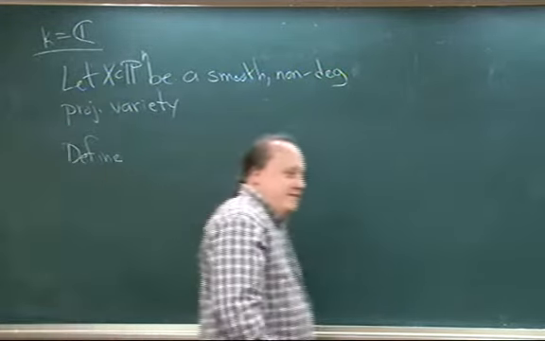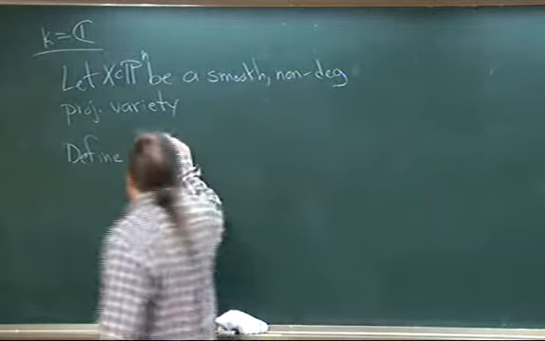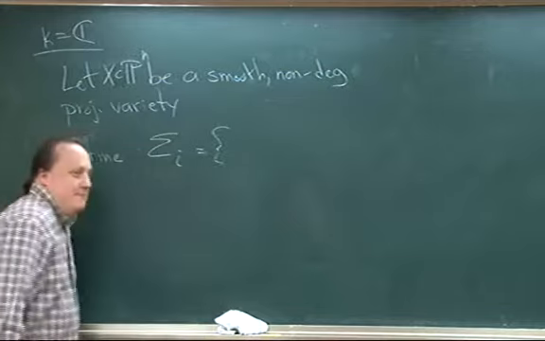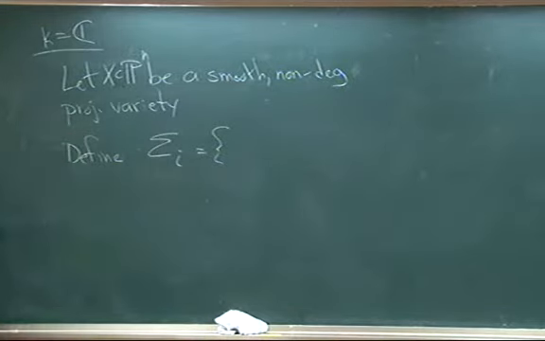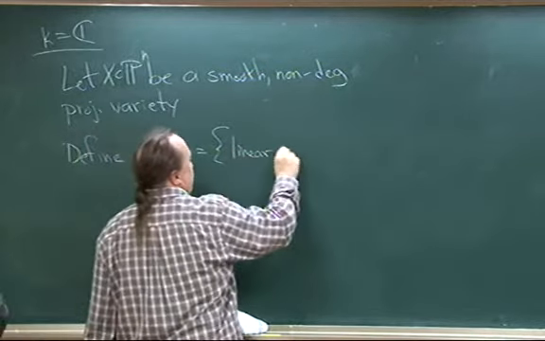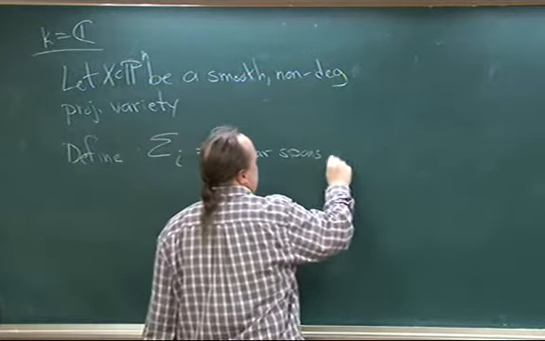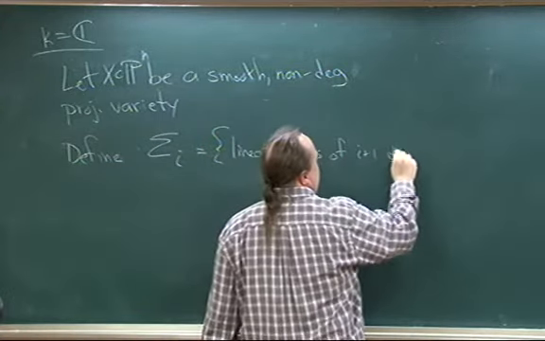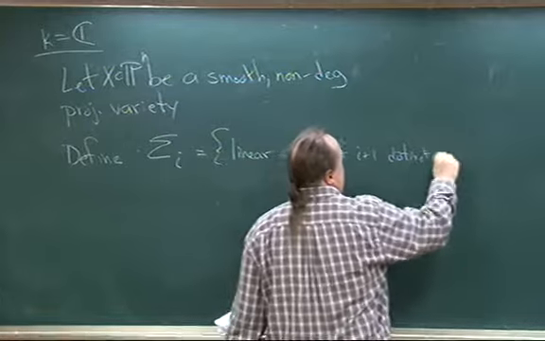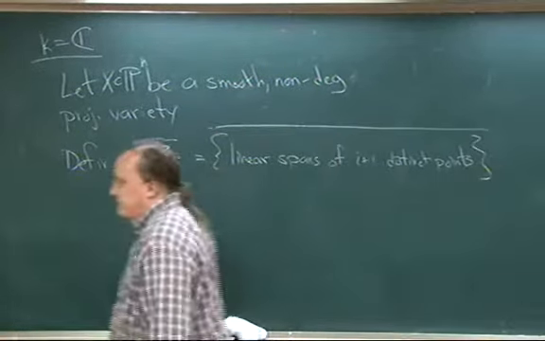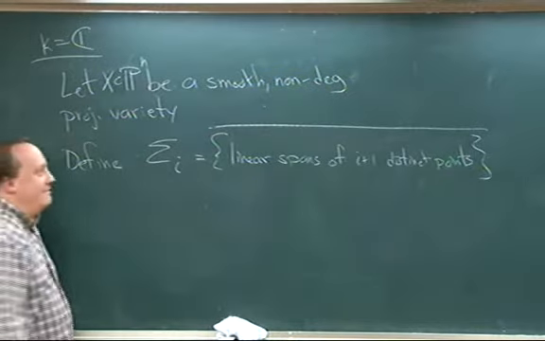To make this definition, sigma I, this is the usual definition of the secant variety. We take the linear spans of I plus 1 distinct points. We take the closure, and this is the ith secant variety.